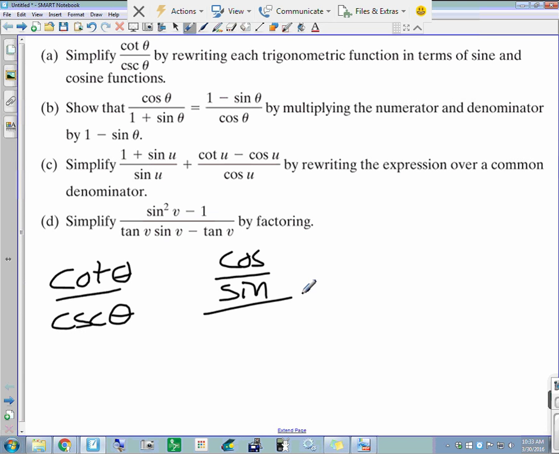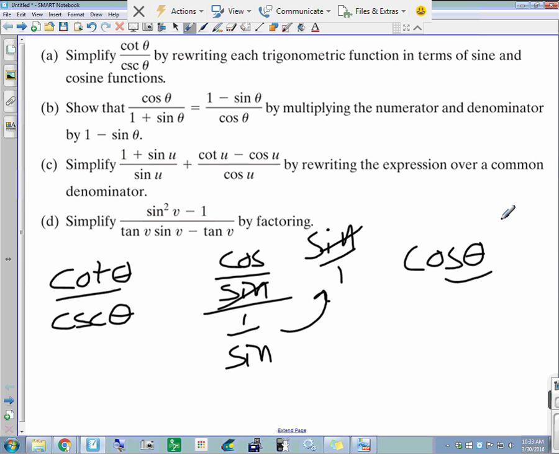What's cosecant? 1 over sine. So now that I've got those rewritten in terms of sine and cosine, we're just going to multiply by its reciprocal, so you'll end up doing sine over 1. Sines cancel, so this really just turns out to be cosine of theta.